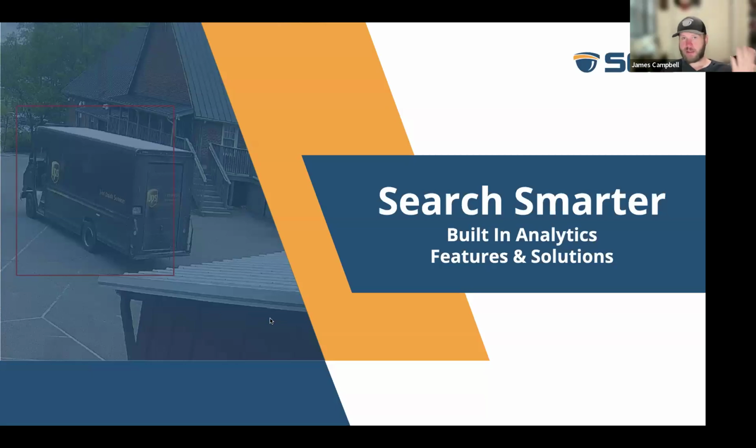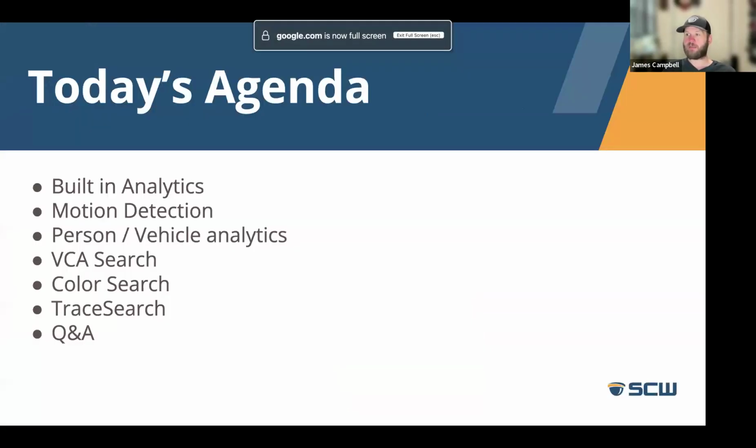So yeah, again, this webinar is going to be about the built-in analytics, using them to search smarter, and what they also allow, which is maybe better notifications, stuff like that. So let's talk specifically about today's agenda. We're focusing in on the built-in analytics that are in the system.